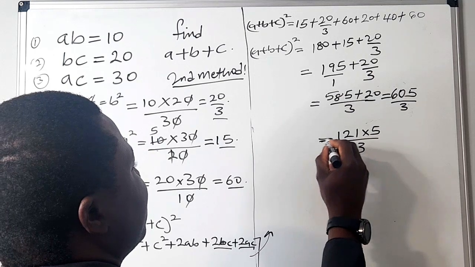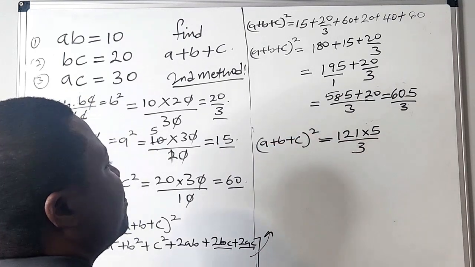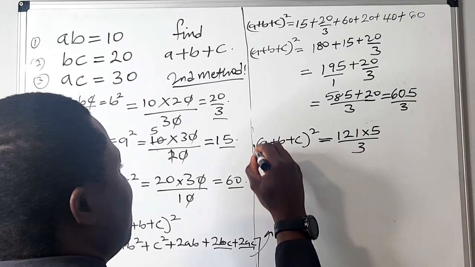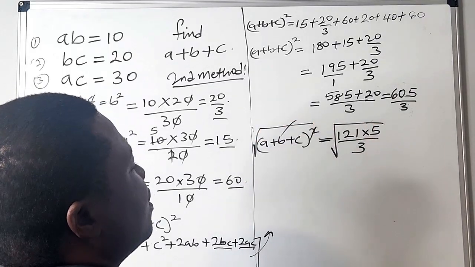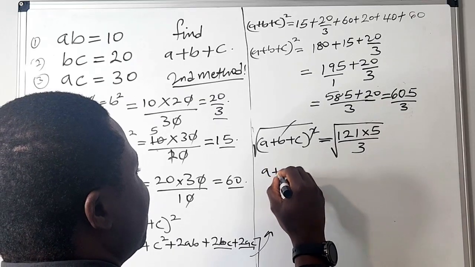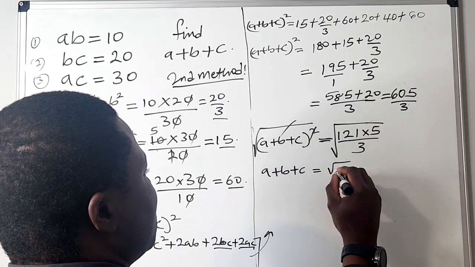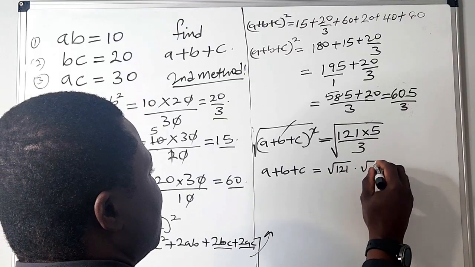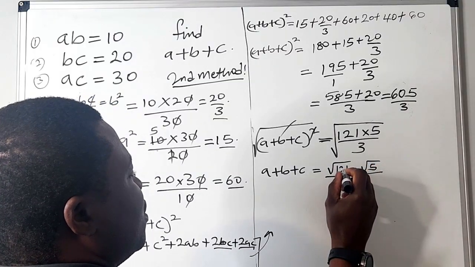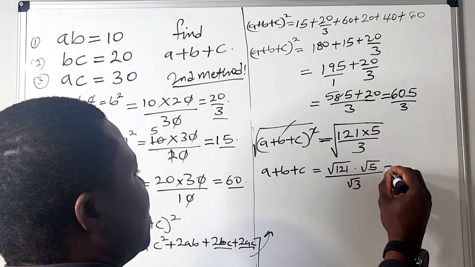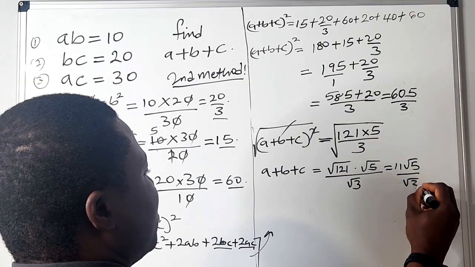And then we have A plus B plus C all squared. Now, if we take the square root of both sides, this cancels out. Then we have A plus B plus C is equal to this divided by root 3. Now, square root of 121 is 11. Root 5 divided by root 3.